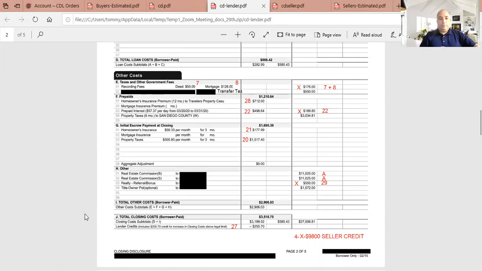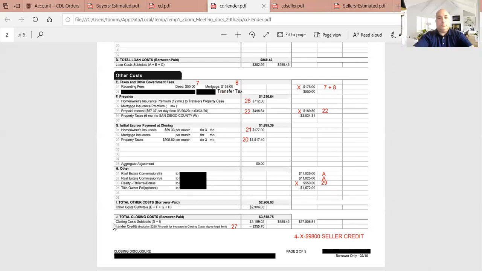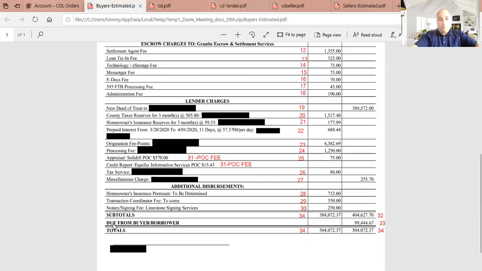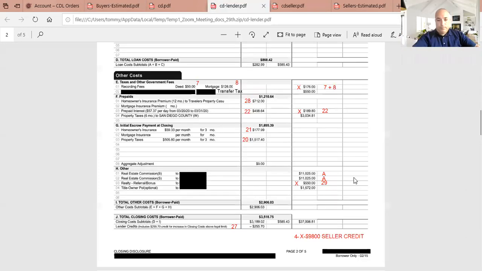Down at the very bottom, it's number 27 in the red. So that particular charge is a credit from the lender. And so we don't have a lender credit per se. So we have a miscellaneous charge. In other words, if there's a fee that we don't have in our system, then we can just call it a miscellaneous charge. Again, you saw that they did not have an issue with us charging it miscellaneous versus what they show.